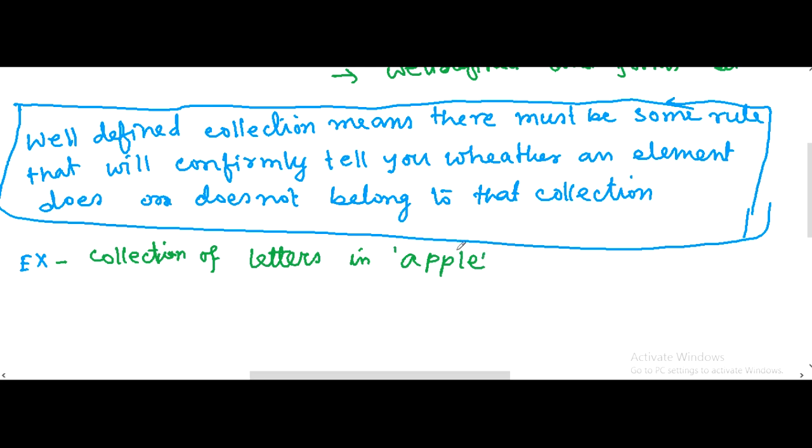No doubt this collection is well defined and the corresponding set is {A, P, L, E}. Note that I have taken a single P here as I have to maintain the criteria that the objects must be distinct. So repetition is not allowed.